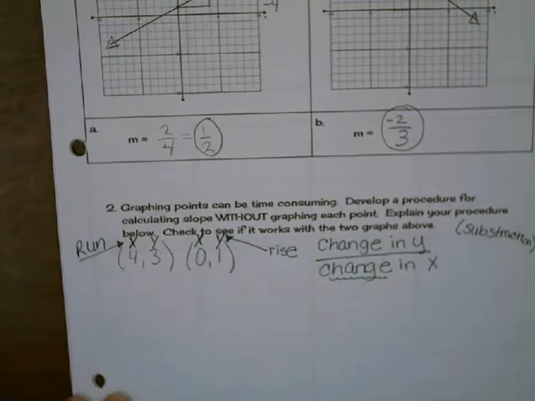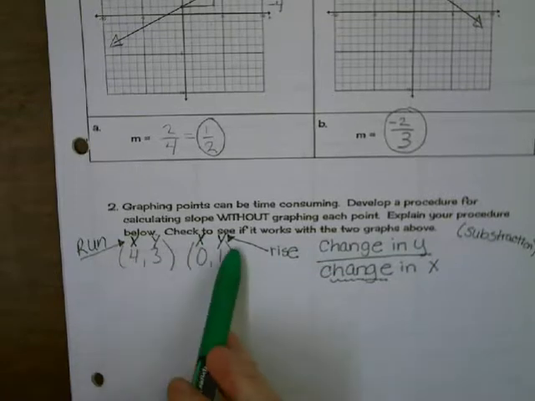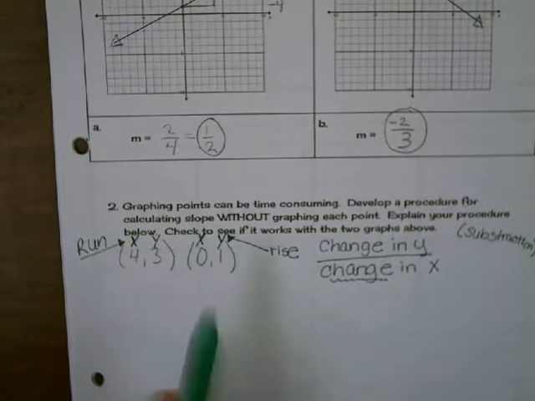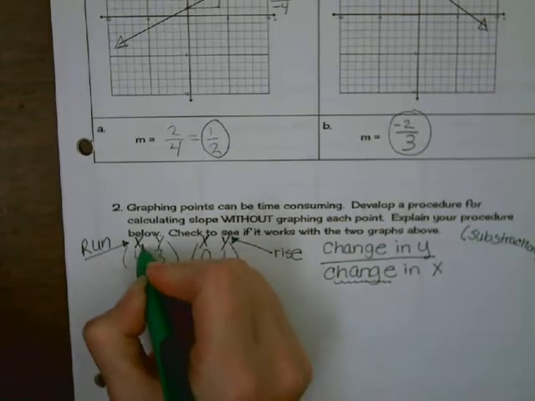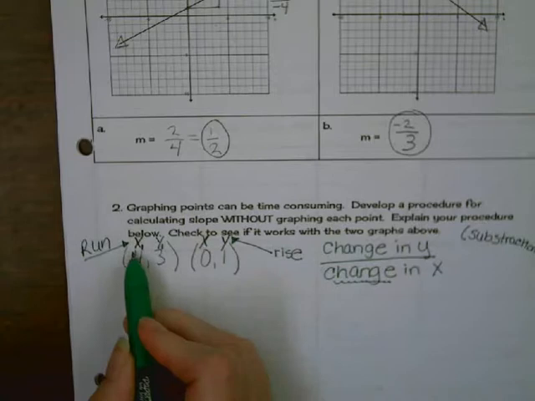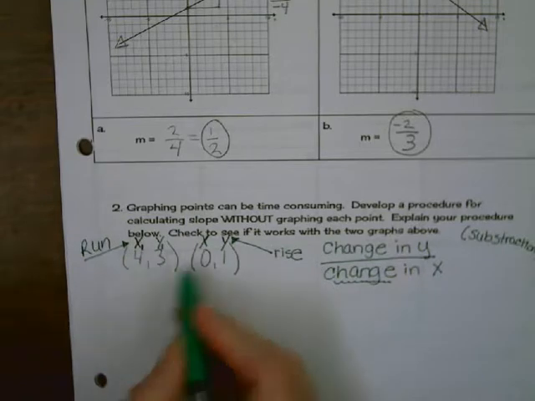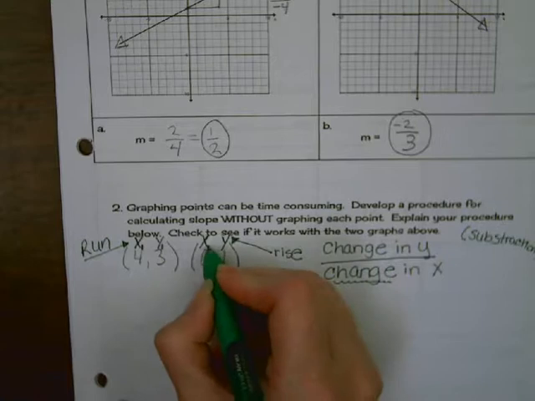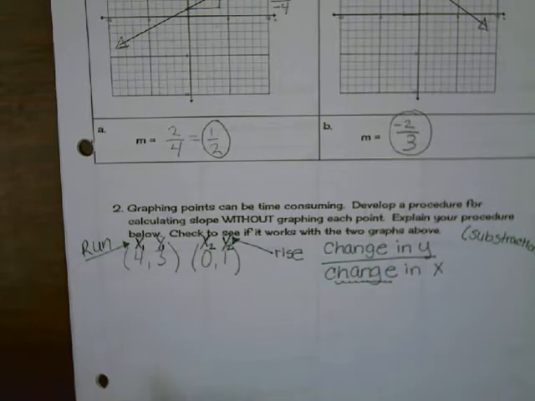Okay? So this is what we're going to do. Watch very carefully. I can't have both of these named x and y. So since this was the first point that I wrote down, I'll call this x1 and y1. This is the second point that I wrote down. So I'll call this x2 and y2.